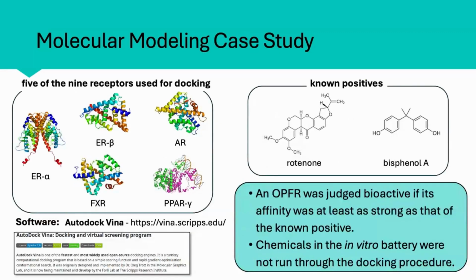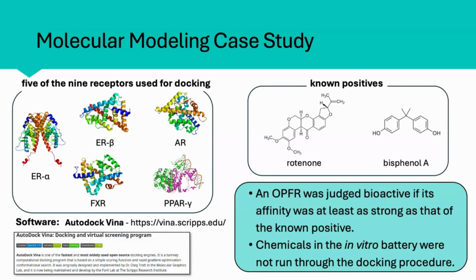So let's talk then about that prediction. Shown in the upper left here are 5 of the 9 receptors they used for docking. Those structures are based on information in the protein data bank.